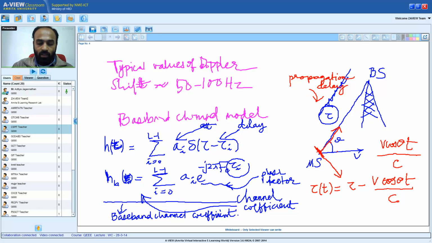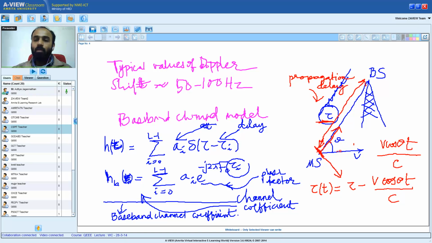What I'm saying is the following. This initial delay is tau, and the initial delay is based on this propagation distance. Now, because the mobile is moving, this propagation distance is decreasing, and because the propagation distance is decreasing, the delay is varying. How much is it varying?